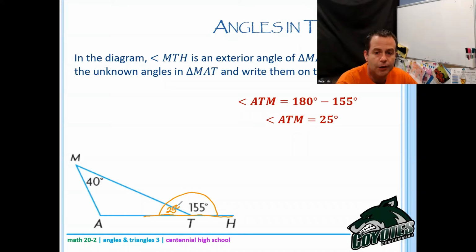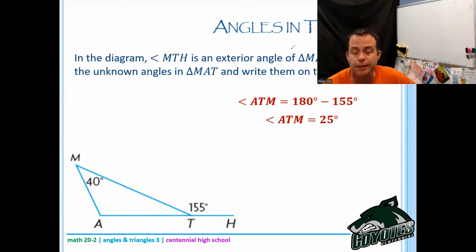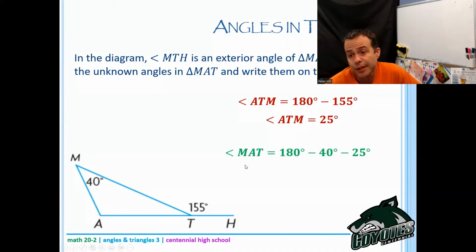Well, how could I now get this one? In this whole triangle, the three angles have to add up to 180. And so I can now just go 180 minus the two that I know and get the one that I don't know. So angle MAT is 180 minus 40 minus 25, and we know that angle MAT is 115.